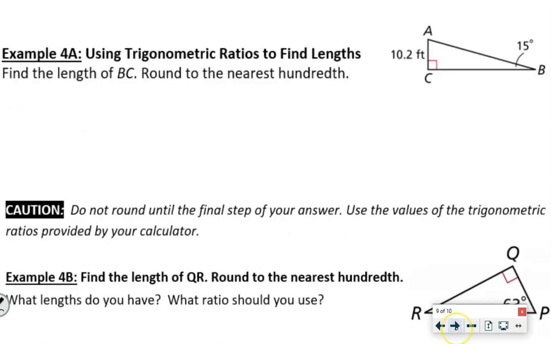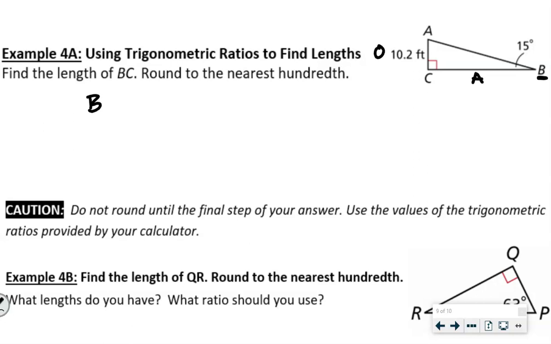Okay? All right, so now we're going to use these trig ratios to find lengths. So we're going to find the length of BC, and we're going to round to the nearest hundredth. So what we want to do first is look at this. So like on y'all's paper, it says find the length of BC, round to the nearest hundredth, right? So if we're looking for BC, and we have AC, we have angle B, right? So there's angle B. So we're going to say the sine of B or the cosine of B. So notice this is opposite B, and this is adjacent B. So what ratio uses O and A?